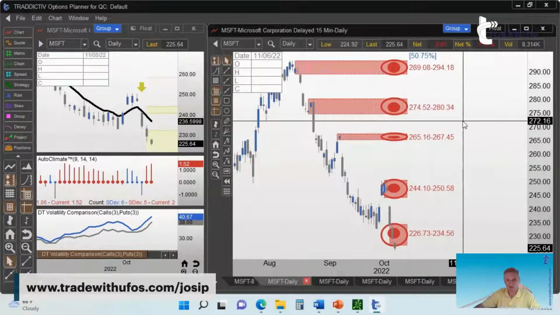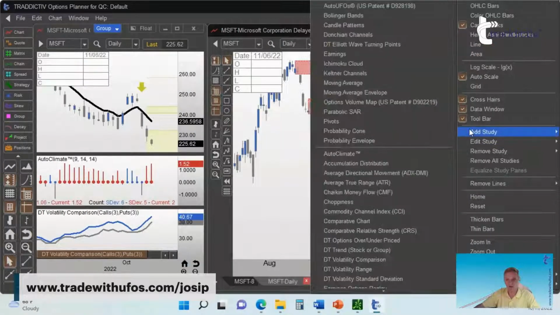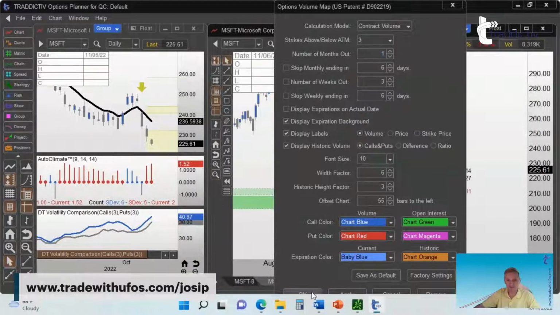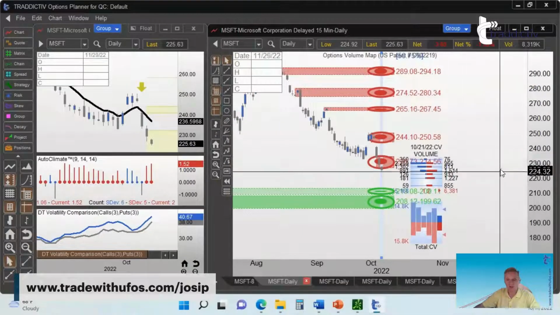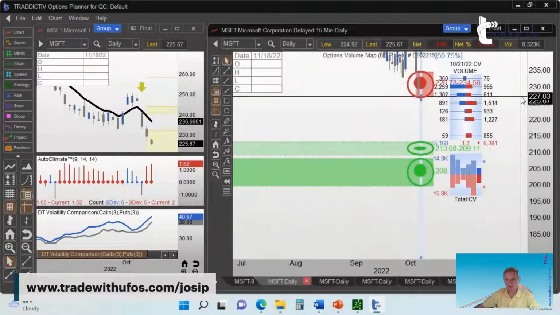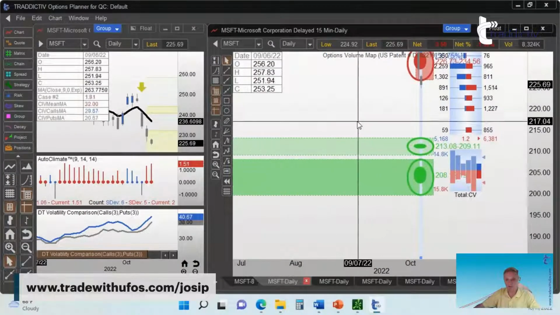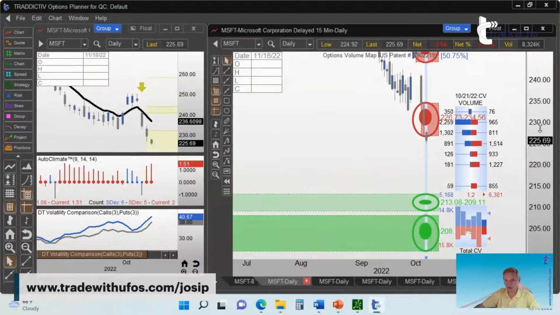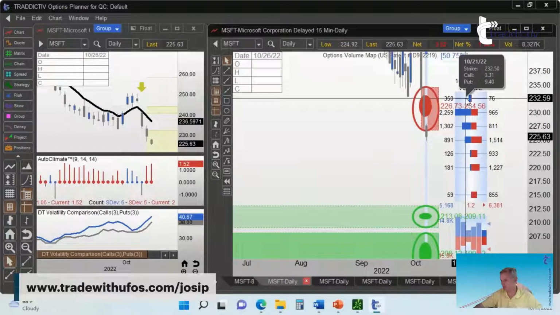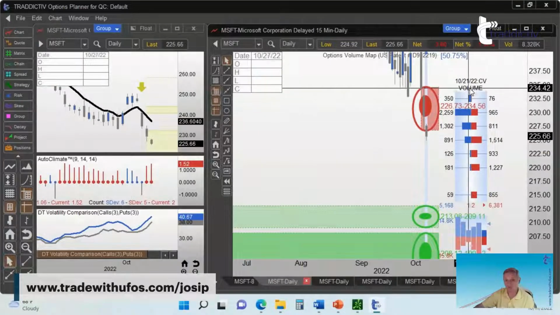Now when I click on the option value map, I want to look at the very first expiration that is monthly, and that is going to be October. So I'm going to apply this and agree with it, and now I have October. Just to line this up for a moment, I'm going to show you on the top side that you have huge, huge activity on the option value map.